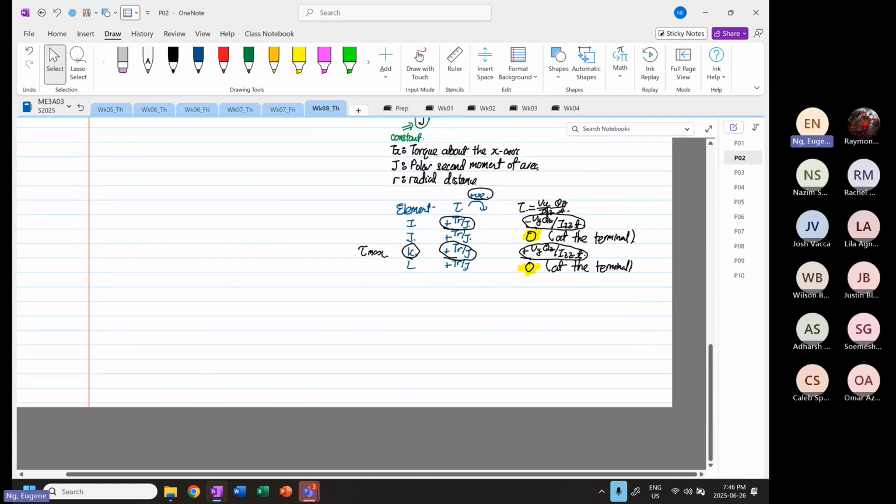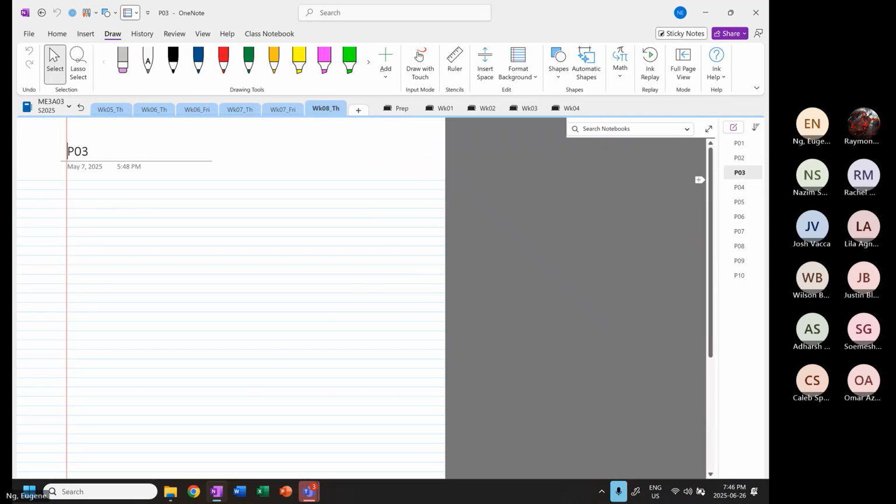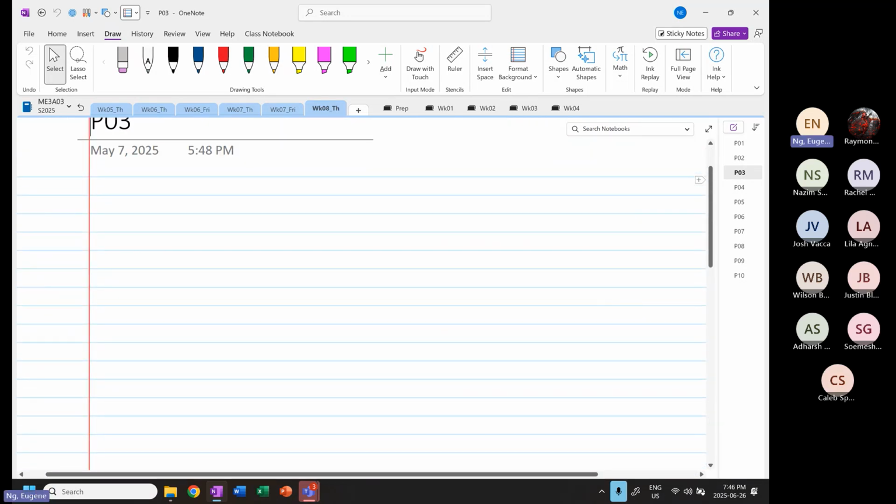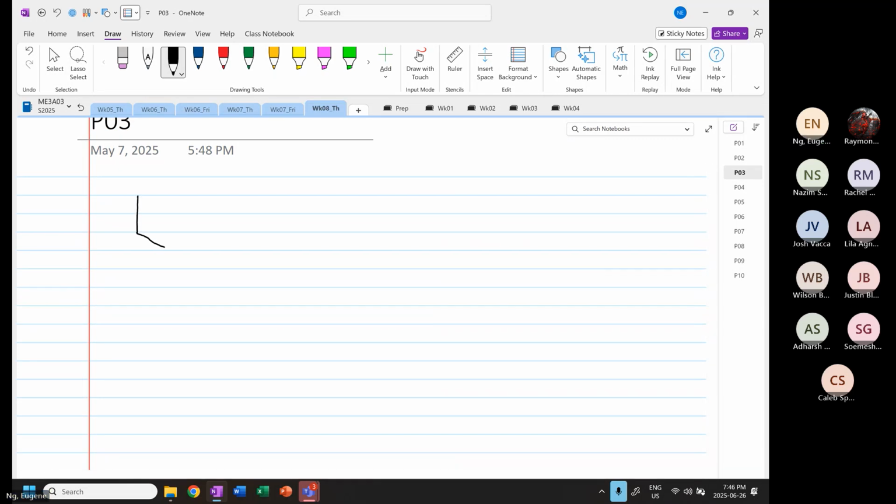So now I'm going to sketch a 3D diagram. So this is our X, Y, and Z, and this is our block.